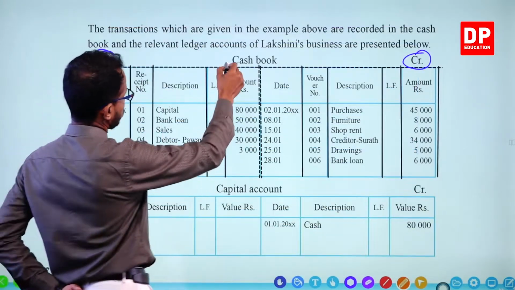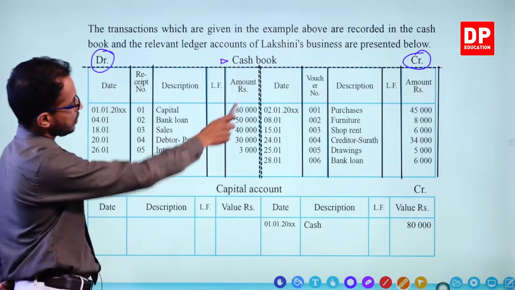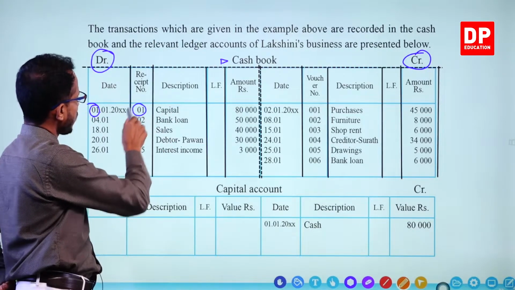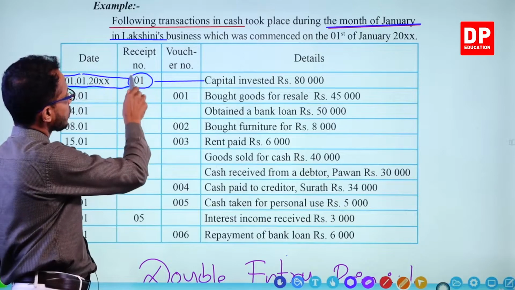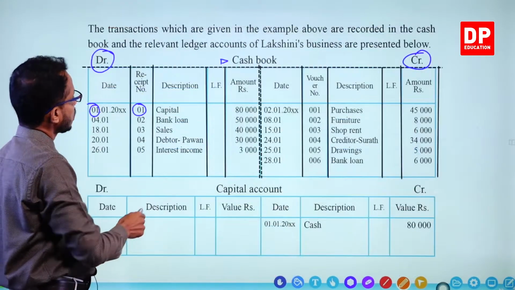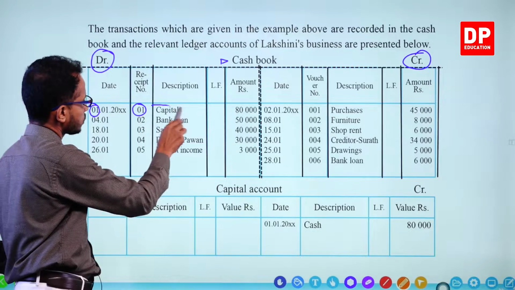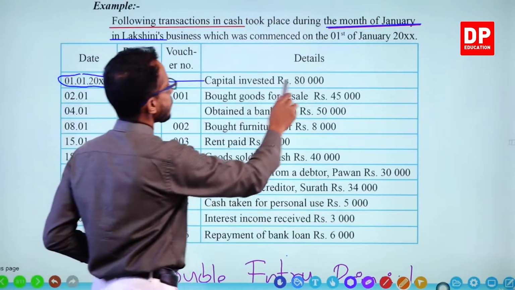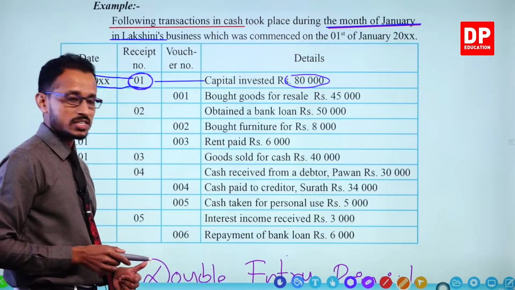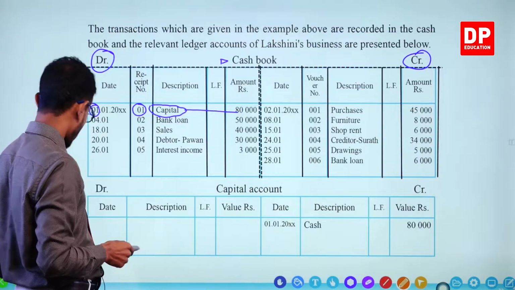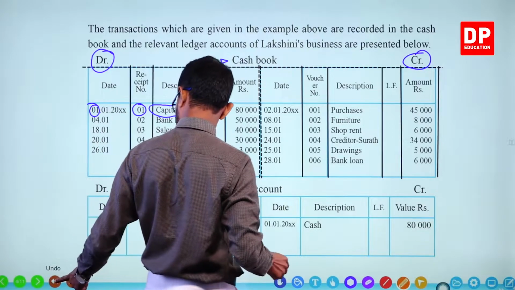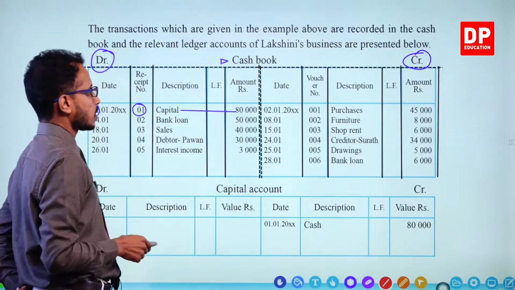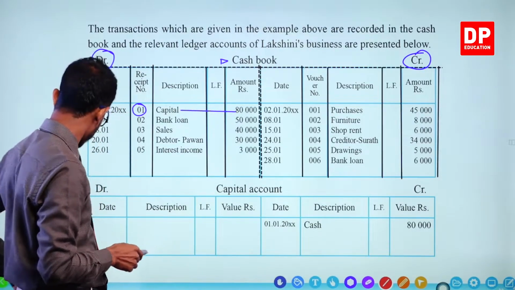The cash book is debited: 1st January, receipt number 1, description capital, 80,000. So the cash book is debited. That's correct.